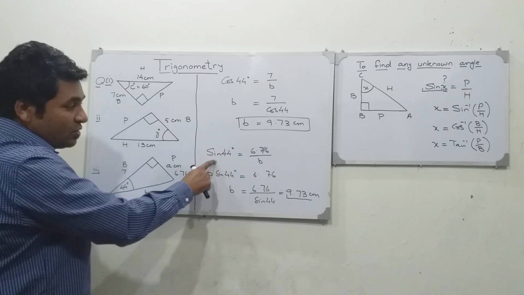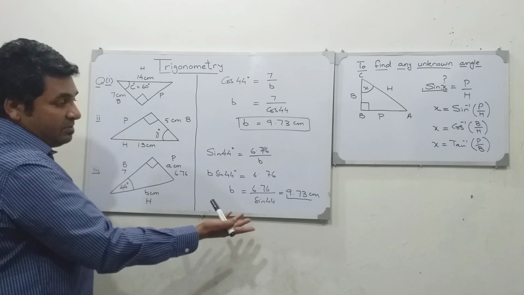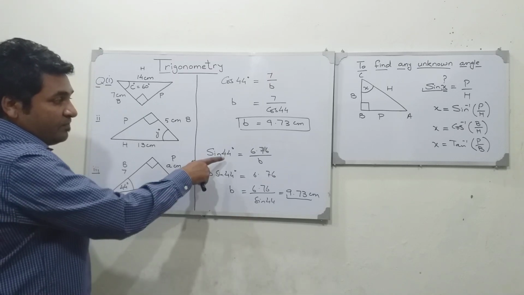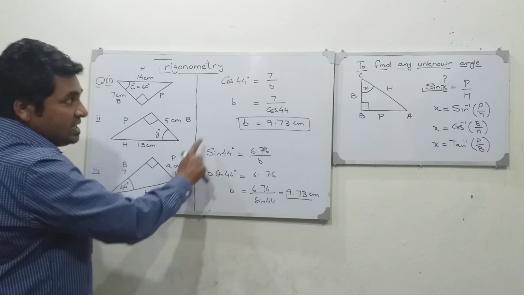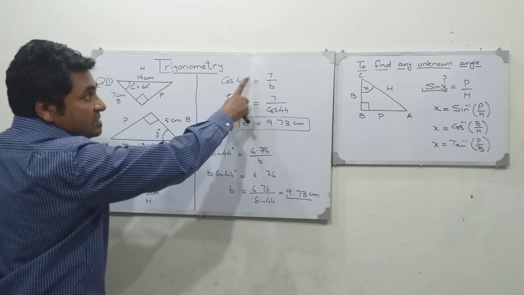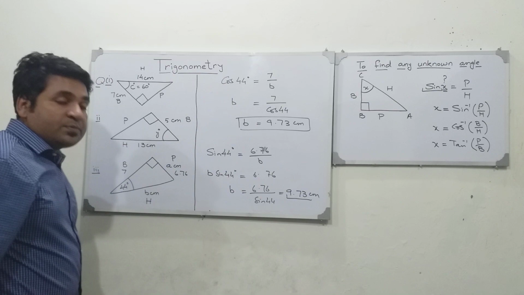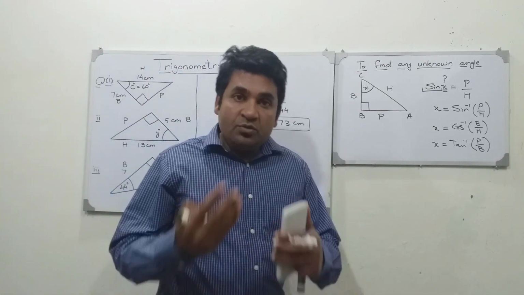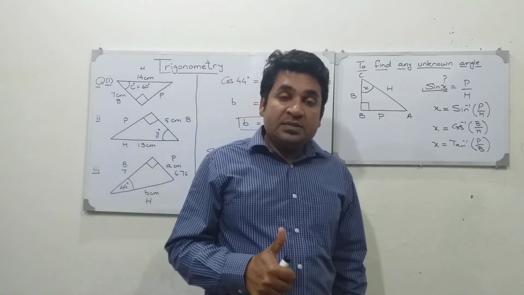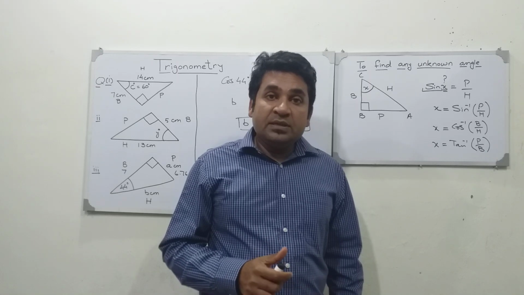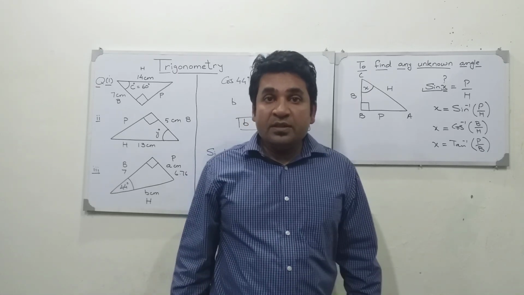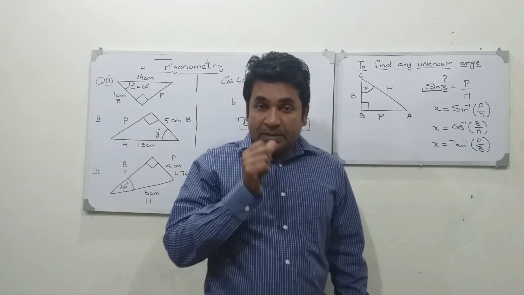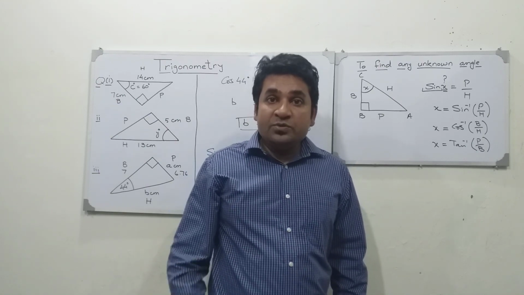Obviously I will get the wrong answer. So it was perpendicular over hypotenuse, so I have to use sine. It is base over hypotenuse, so I have to use cos. So I hope your practice will make you perfect. Do practice these questions at home, because without your practice this is useless. That is very important, that you do the practice and use the correct ratios.